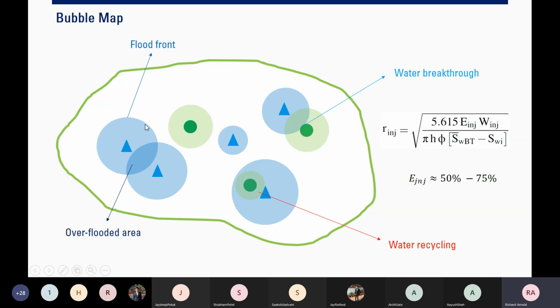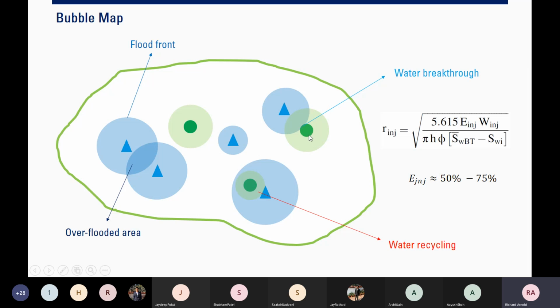It tells you the flood front, where the flood front is. It tells you the overflooded area, like this one. It is overflooded. You have two injectors at very close position, and this area is overflooded. And in this area, you suffer water breakthrough.